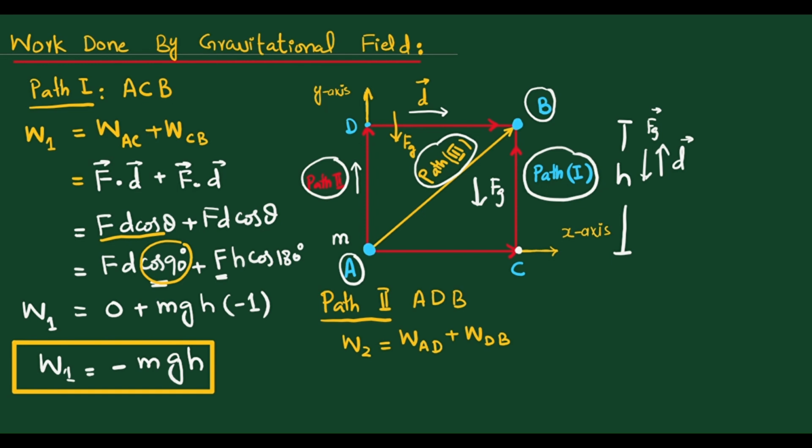Then the work done from D to B is also 0. And W2 will be equal to the work done from A to D, which is equal to F dot d, which is equal to F d cos theta.